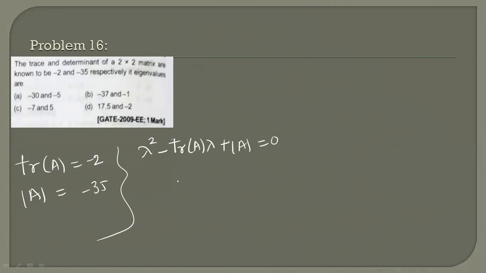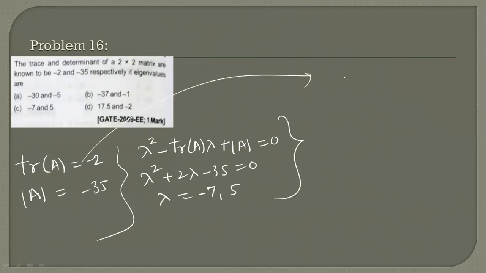I have discussed this in lecture 11. The characteristic equation with the help of trace and determinant will be lambda square plus 2 lambda minus 35 equal to 0. You can find the values of lambda here: lambda equal to minus 7, 5. This is the first method.